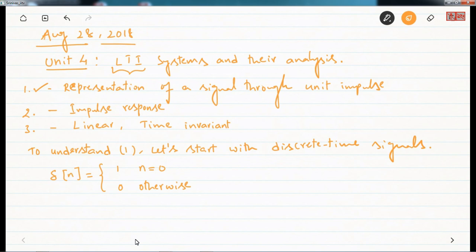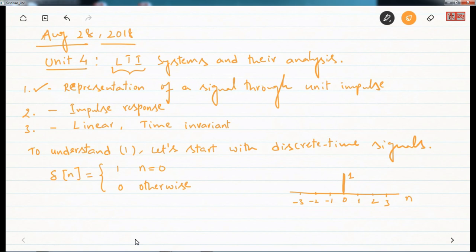That means in discrete time signals, your independent variable is n, where n is 0, 1, 2, and so on, and -1, -2, -3, and so on. Your unit impulse is something like this. Its value is 1 only at 0.